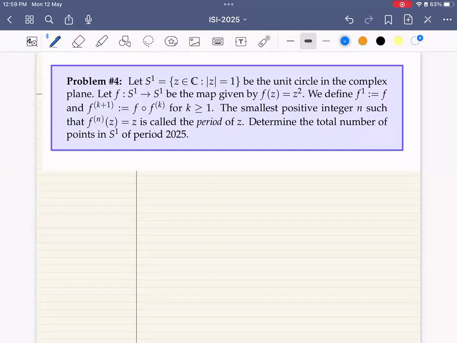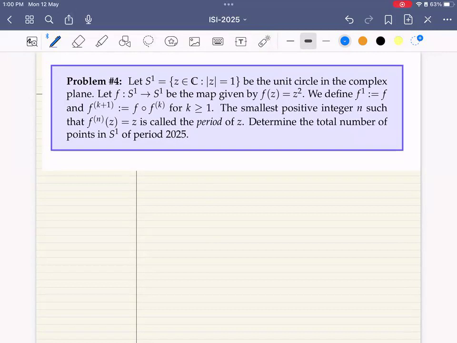Anyway, the problem says: define S1 as the set of the unit circle in the complex plane, and the map f is given by f of z equal to z squared. f1 is given by f, and f of k plus 1 is f composed with f of k, fundamentally. And then they say that the smallest positive integer n such that f of n of z is z is called the period of z.